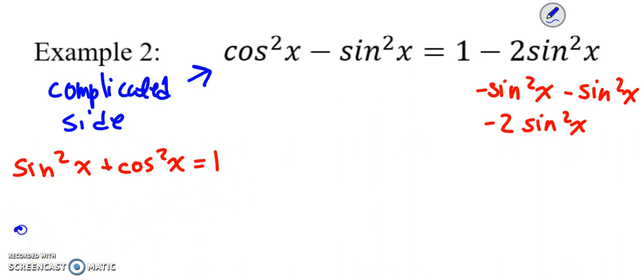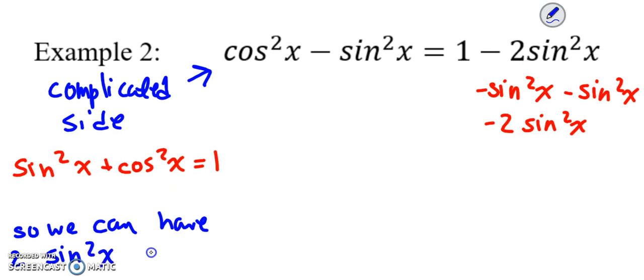So we can have 2 sine squareds. Right? If we manipulate it, that means we can move the sine squared over to equal cosine. So if we do that, let me write this in green.